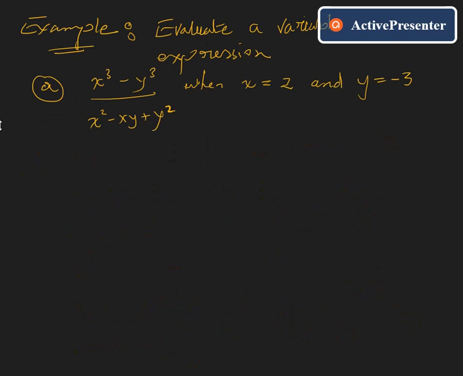If this example comes to you, evaluate a variable expression. The variable expression is this: x cubed minus y cubed over x squared minus xy plus y squared when x equals 2 and y equals minus 3.